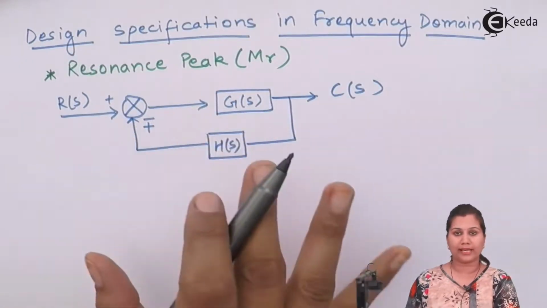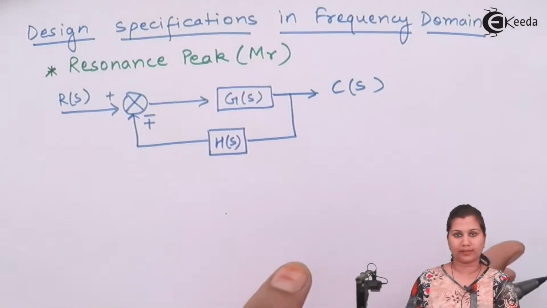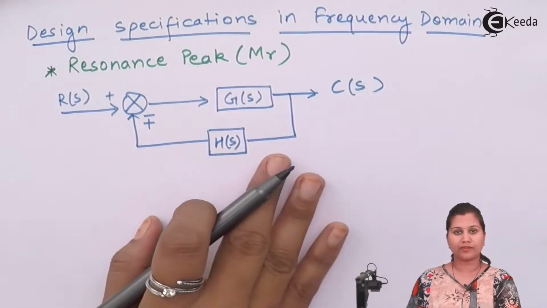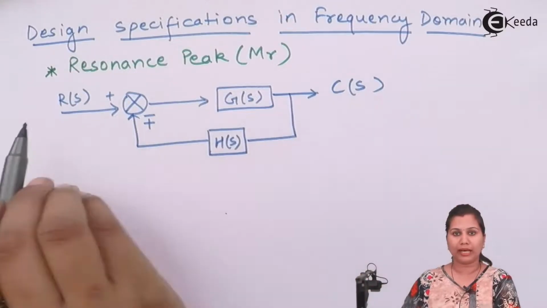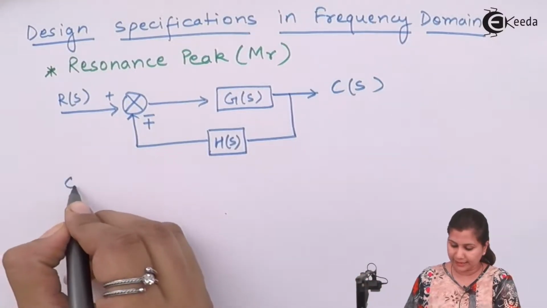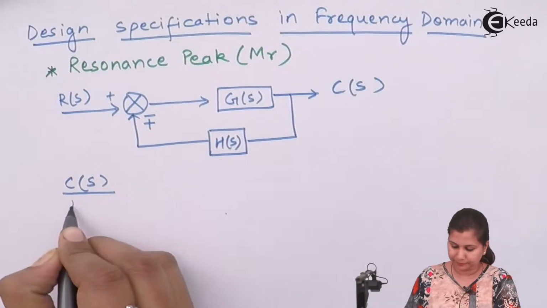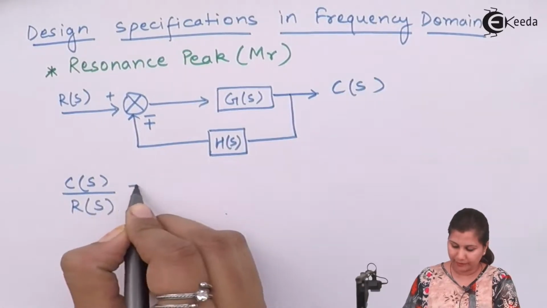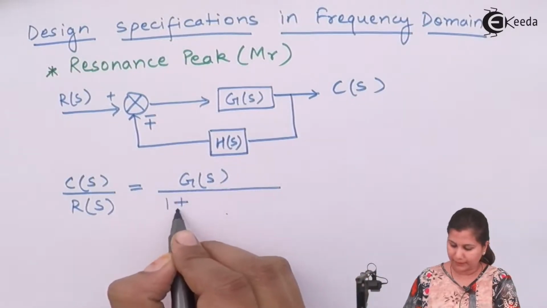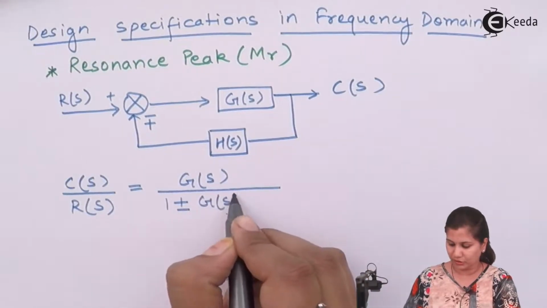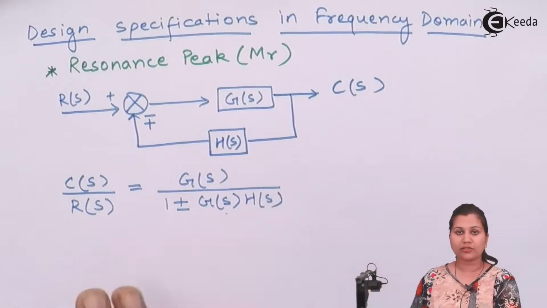Now, this is the block diagram of a closed loop control system, and the transfer function of this system, which is the ratio of the Laplace transform of output and input, that is C(s)/R(s), is given by G(s)/(1 ± G(s)H(s)). So this is the transfer function.